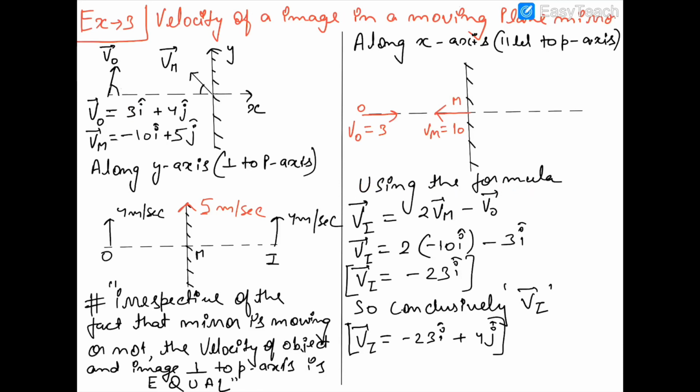Now we already know a direct formula, that is Vi is equal to 2Vm minus Vo. For those who don't know the formula, let me give you a hint.